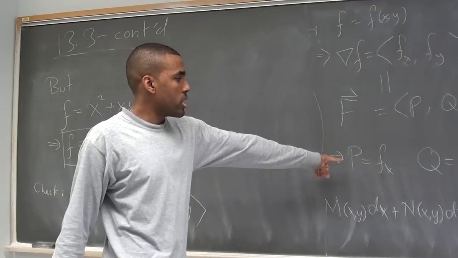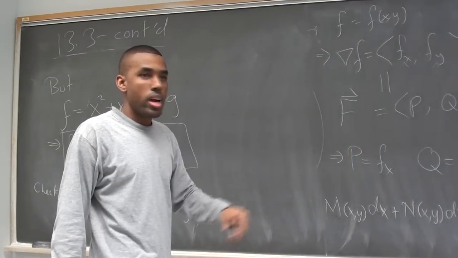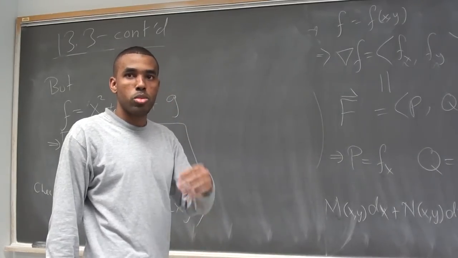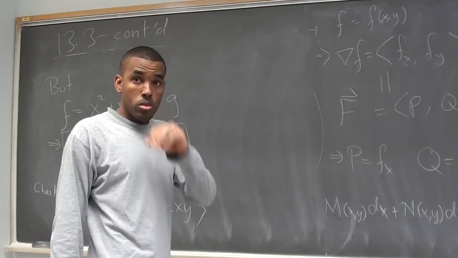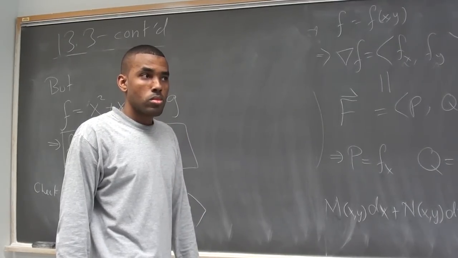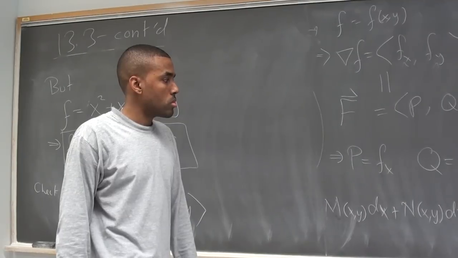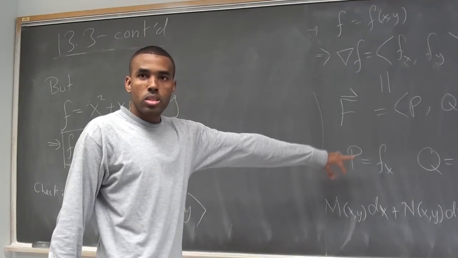I didn't. I integrated P and then I differentiated to get Q. So I never hit the second partials at any point. No, when we needed the partial derivatives to equal each other, isn't that just taking the second partial derivative of the original function? Why does that have to be equal? Oh, you mean the partials of this guy?